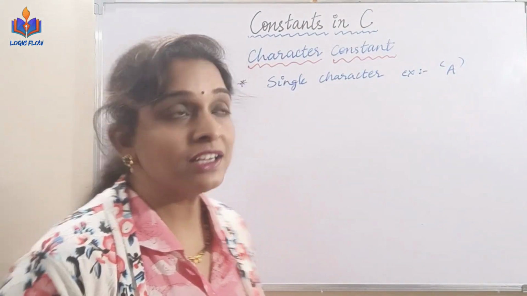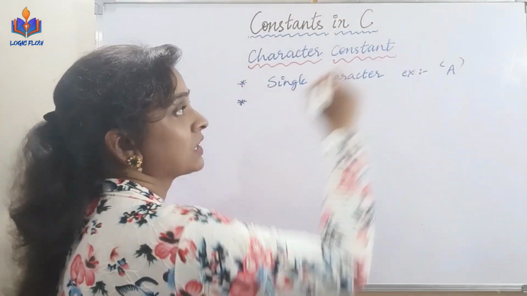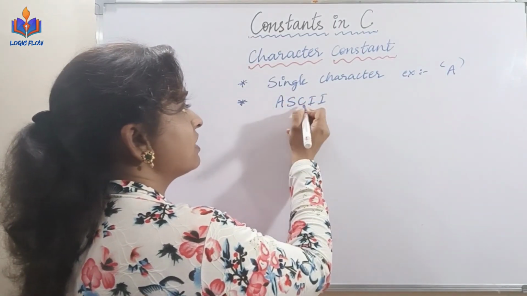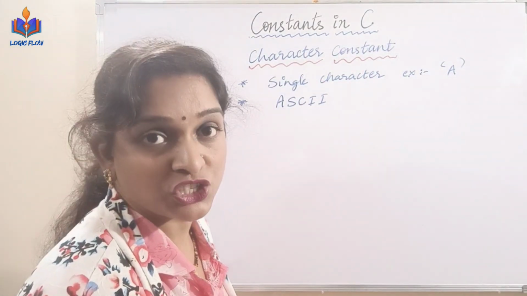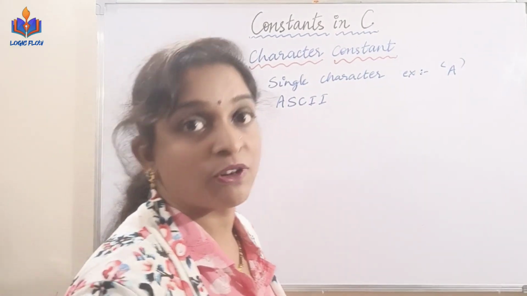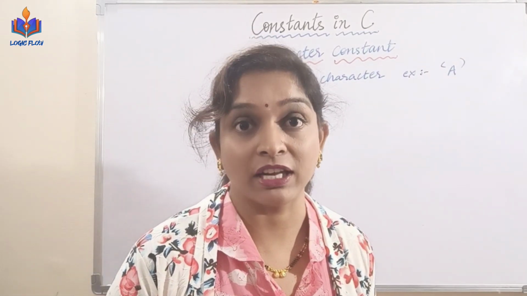The compiler is going to convert these characters into their ASCII values, American Standard Code for Information Interchange. We have a set of ASCII values for each and every key press from the keyboard. Every character is associated with its ASCII value.